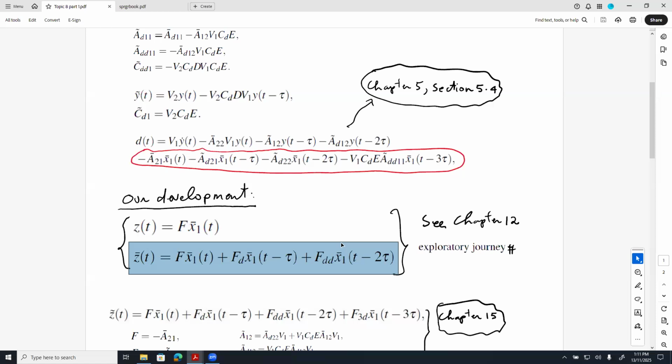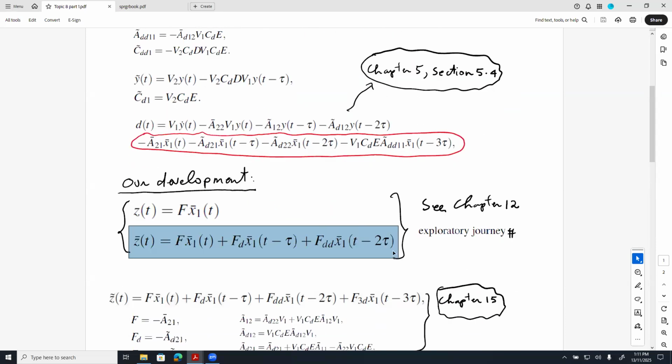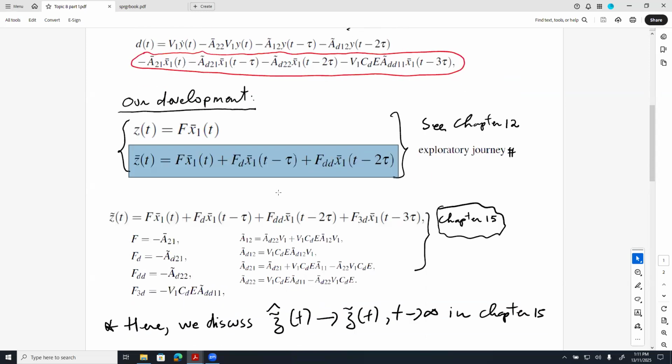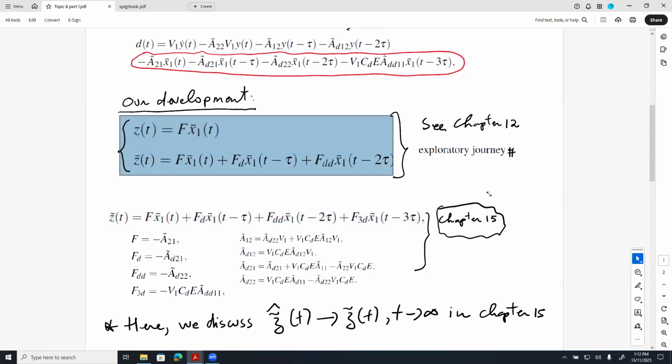Bear in mind that at the time there were no methods available, and that is the reason for the exploratory nature of our book. Now, what we would like to do here is to discuss this general functional. We are going to skip the development in chapter 12, and the reader can have a look at it.